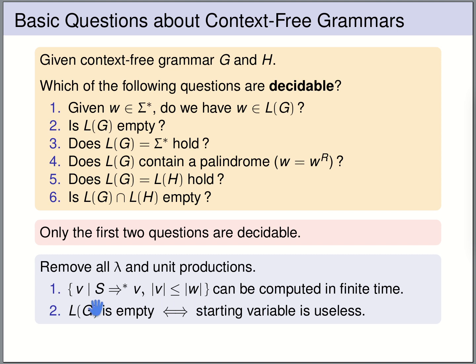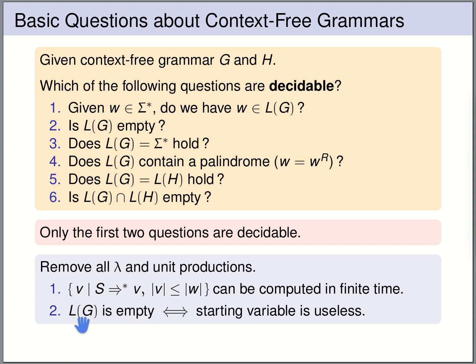So we only have to consider a finite number of words that we derive, namely up to the length of W. And then we can compute this finite set, and we can simply check whether W is among these words or not.